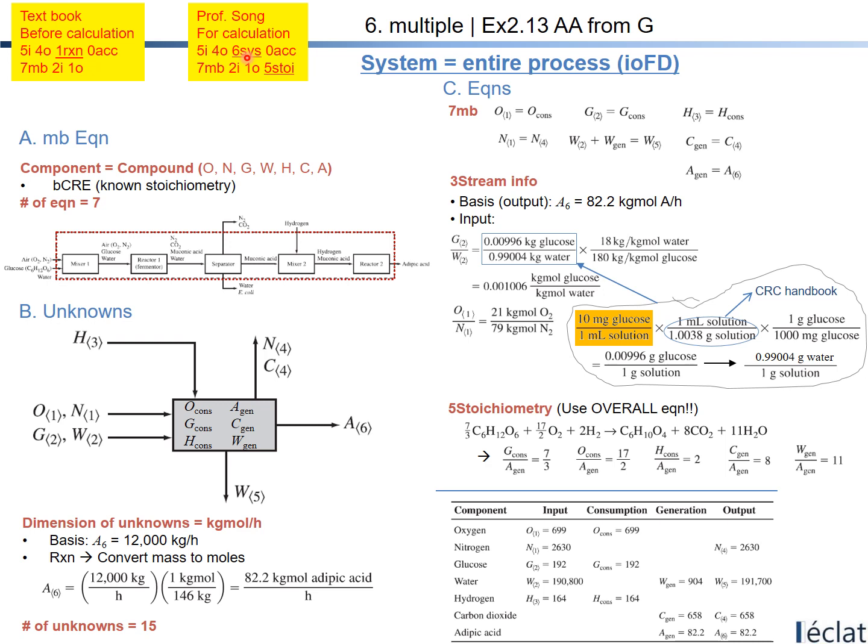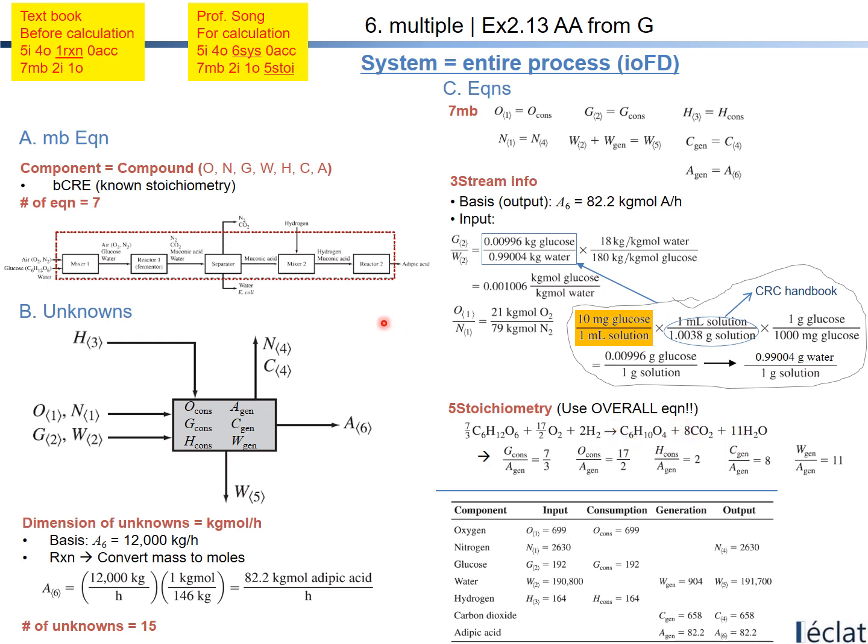And then let's go to the restrictor equations. 7 material balance equations, the same. And 2 input specifications, the same. 1 output is the same. However, in my method, you should think about the stoichiometric coefficients. So in the overall chemical reaction equation, you have 1, 2, 3, 4, 5, 6 entities. It means you have 6 stoichiometric coefficients available.